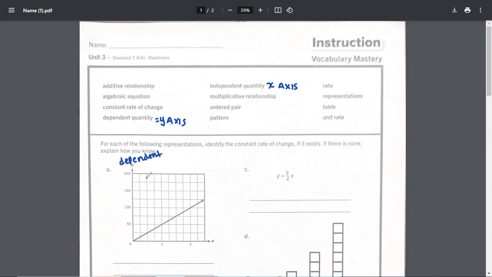All that means is this number is really going to depend on what your x is. So your y really depends on what's going on with the x. Like if this is miles and this is hours, if you're not driving any hours, you're not gonna go up. But if I drove for 2 hours, then I'm gonna drive some distance, right? I drove 100 miles. So this y really depends on what's happening down here on that x. That's what that is saying.